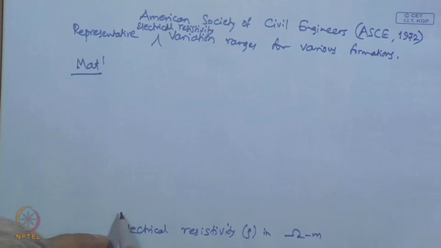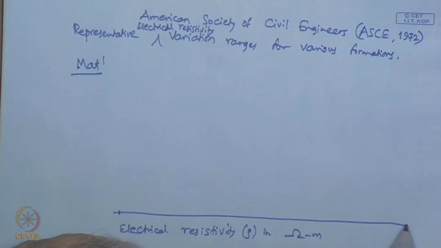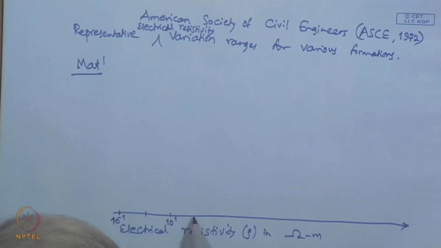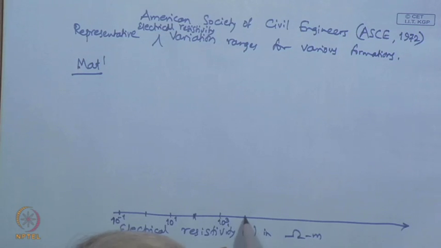The scale starts with 10 to the power minus 1 and moves on to 10 to the power 1, 10 to the power 3, 10 to the power 5, then 10 to the power 7.